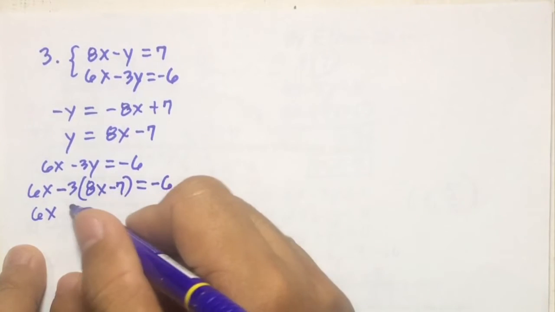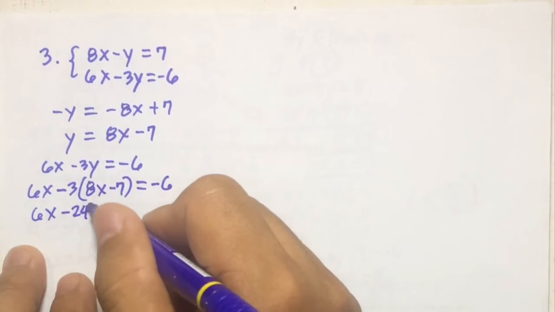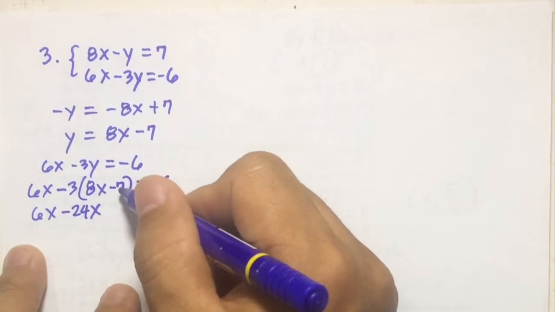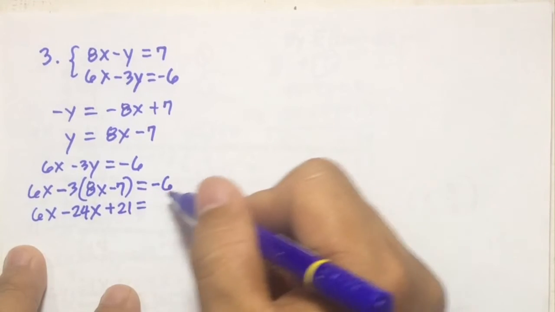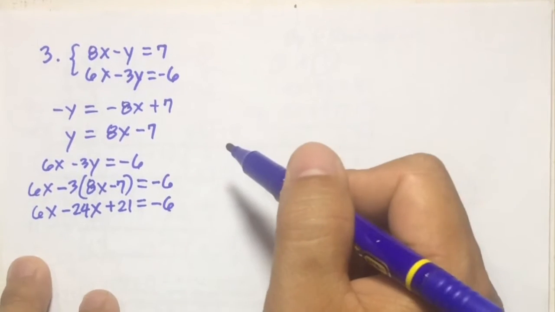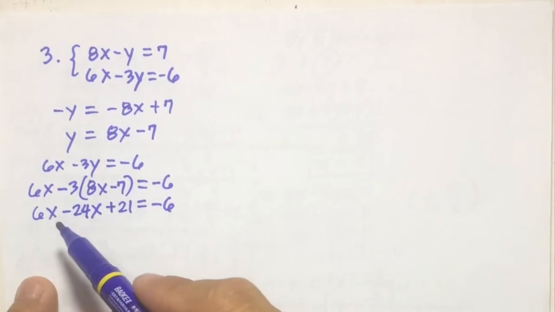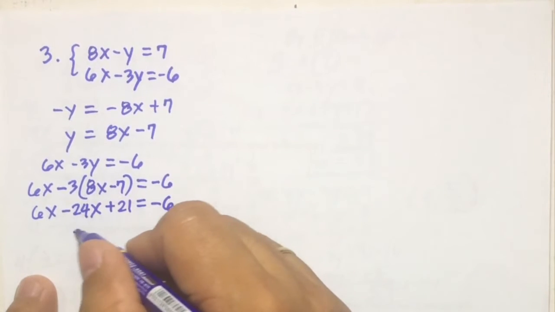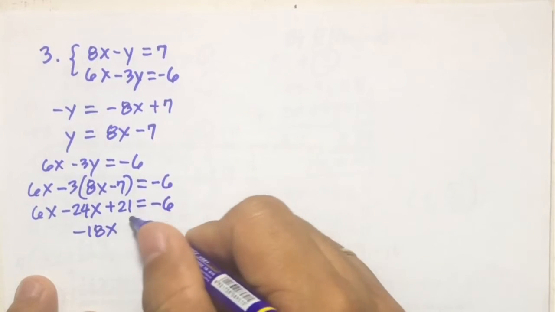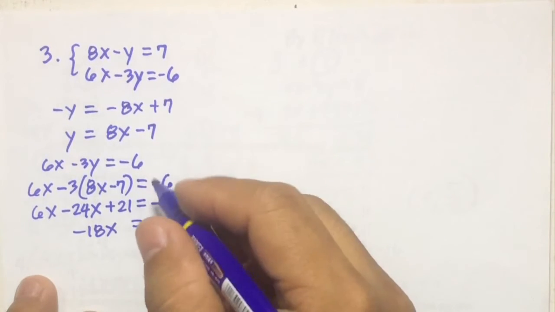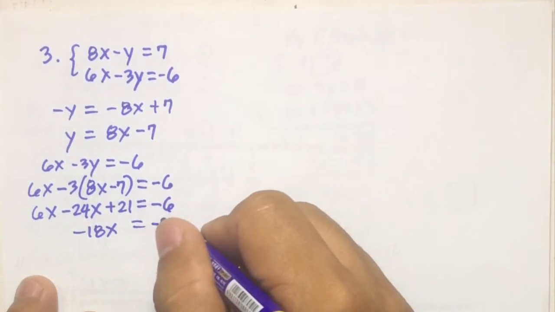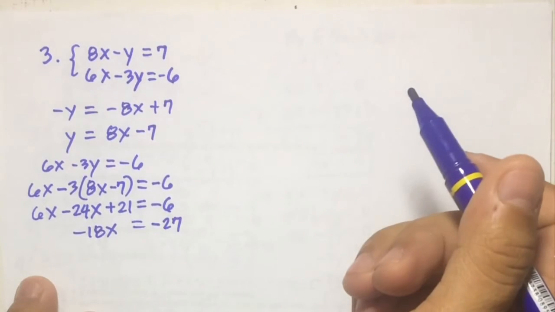The negative 3 times 8x is negative 24x. And negative 3 times negative 7 is positive 21. And this is equal to negative 6. Then 6x minus 24x, this is negative 18x. Then this will become negative 6 minus 21, and that will be negative 27.